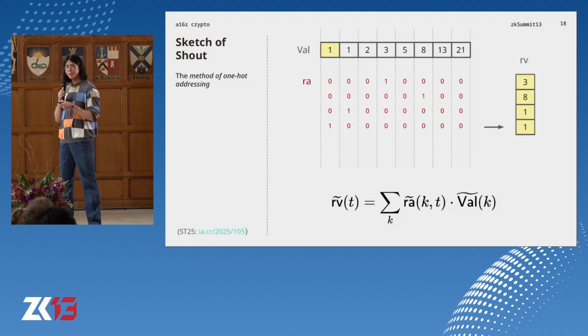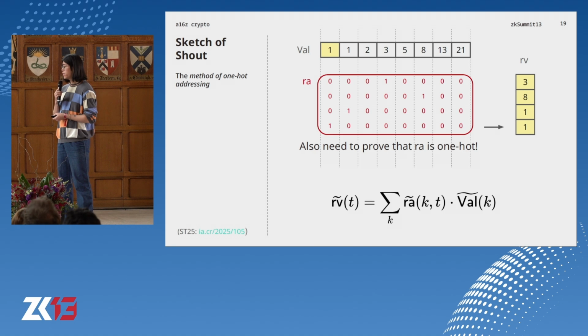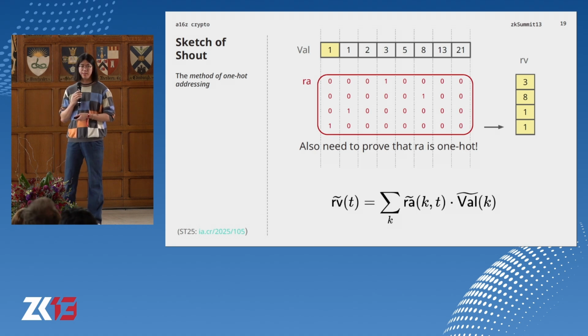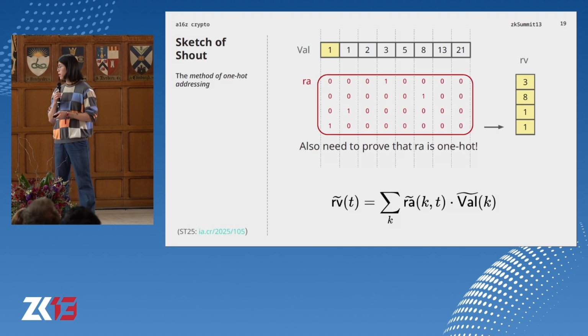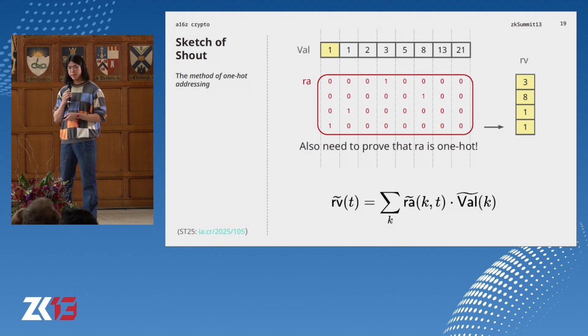In fact, you're only committing to 1 bit per cycle, basically. And also, this sumcheck is efficiently provable using some techniques described in the Twist and Shout paper. One caveat here is that we still need to prove that ra is indeed one-hot, but for that, I'll again defer the details to the paper.